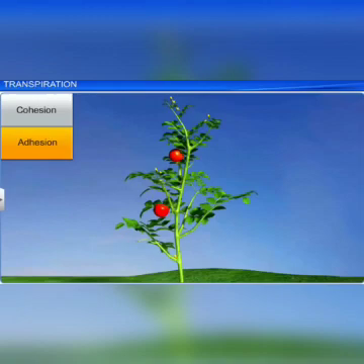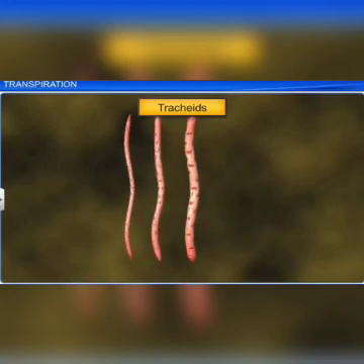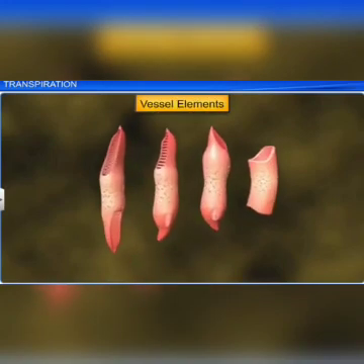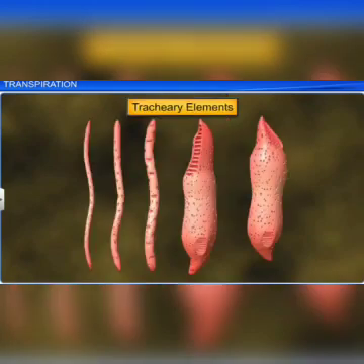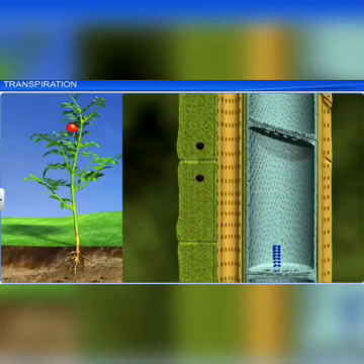Adhesion is the property of water to be attracted to polar surfaces like tracheids and vessel elements, also known as tracheary elements, in a xylem cell. Finally, surface tension is the property of water molecules to be more attracted to each other in a liquid state than in a gaseous state.